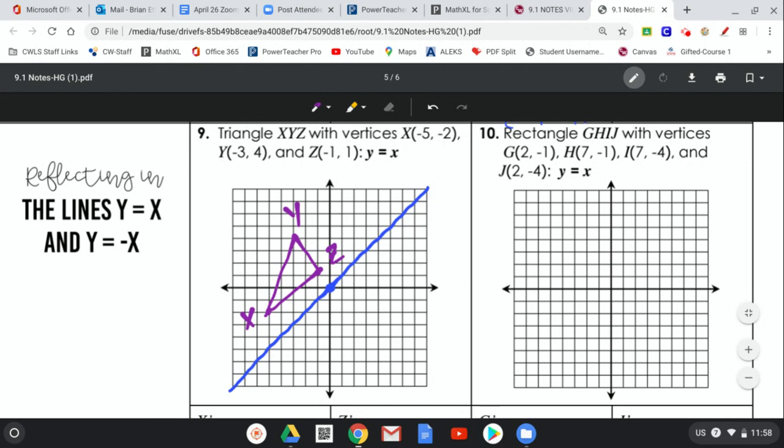So if we're reflecting over the line y equals x, we have this rule. This is going to be something you want to write down or have handy when you guys are taking your test or quiz. Basically, let's say we are starting off with our xy coordinate, and those are the coordinates for the pre-image.